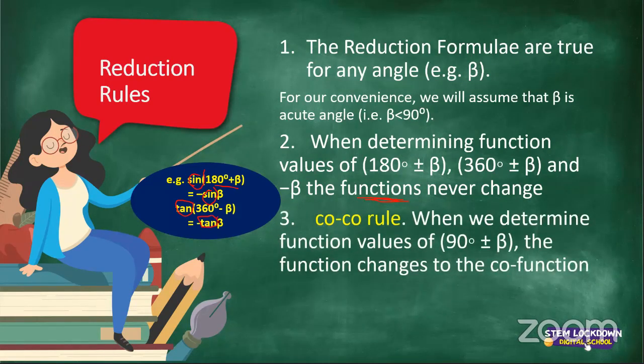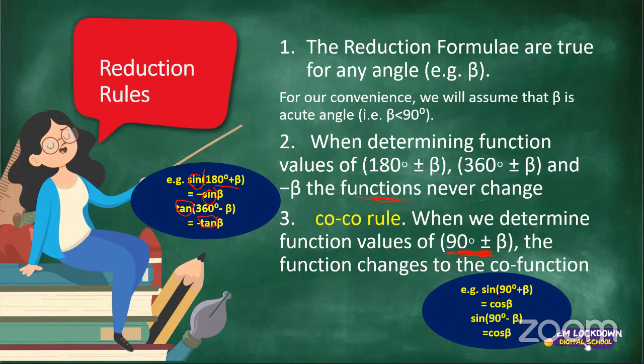Then you have your CoCo rule. Your CoCo rule applies when your function is expressed as 90 plus or minus beta. As you can see from yesterday's little Cartesian plane that we did, we are basically talking about whatever happens in your first and your second quadrant. What do we mean by this?